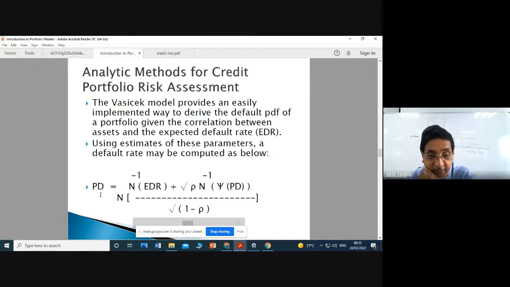In this model, PD is the probability of default. So N minus 1 means now you have to get the EDR. EDR is the expected default rate. Psi PD is the cumulative probability function of probability of default. Then rho is the correlation between assets.